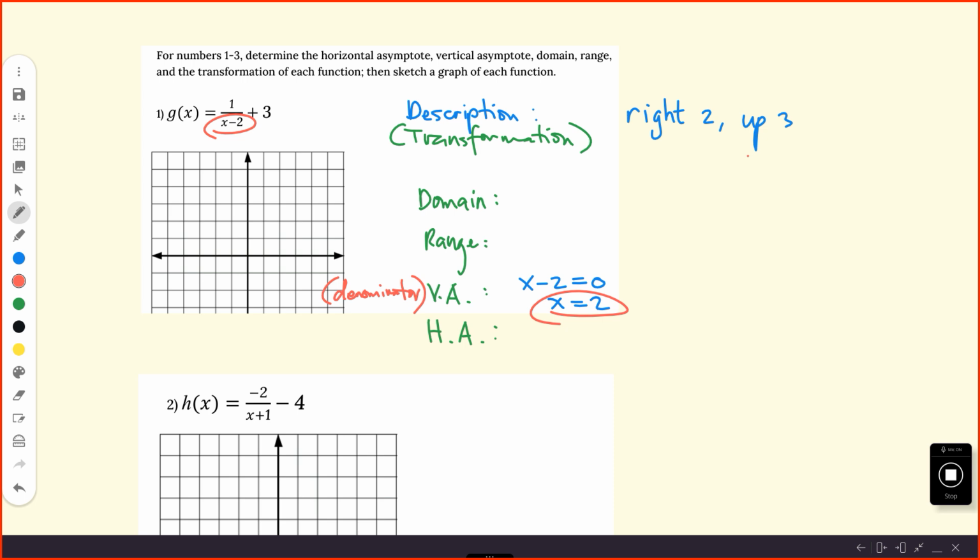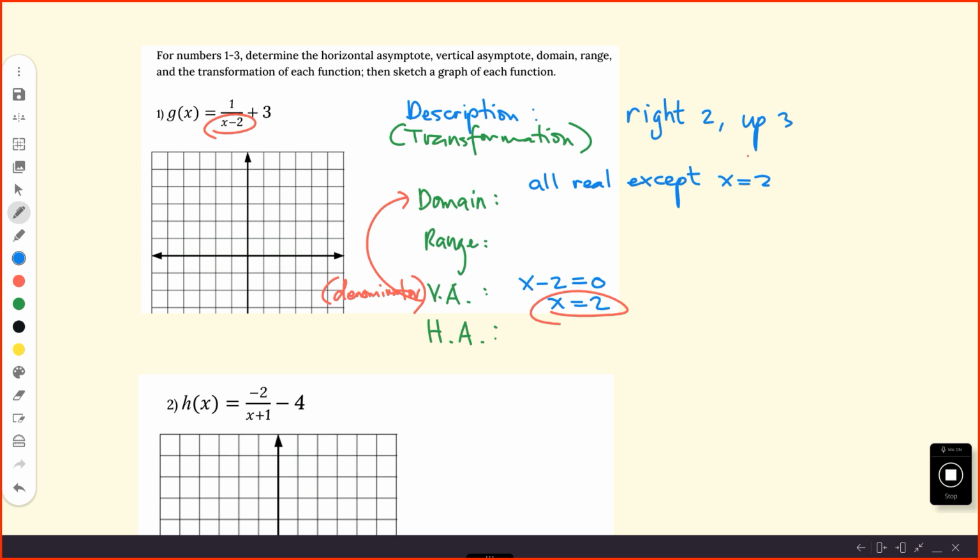So that's your VA. And then, your vertical asymptote is your basis for the domain, because that's the set of all x values. And so, I'm just going to put an arrow. So your domain would be all real numbers except this, right? So I can write this, all real except x equals 2.